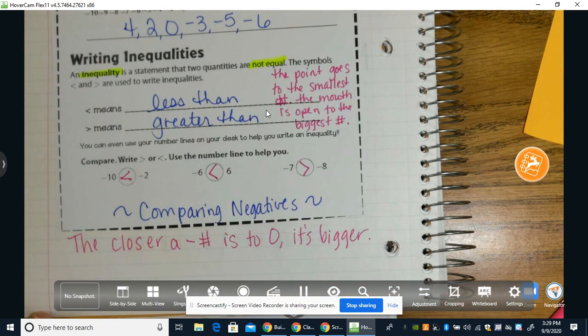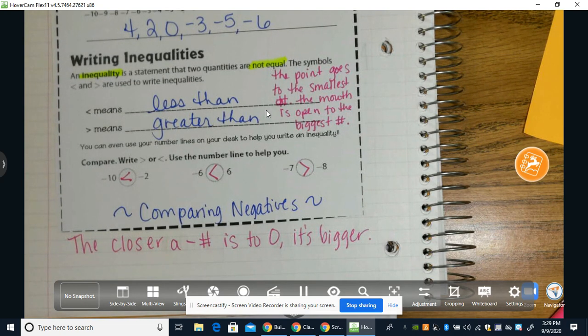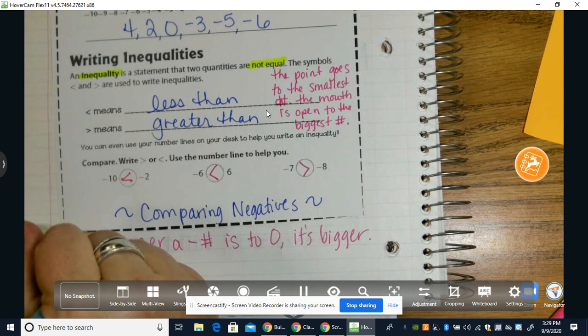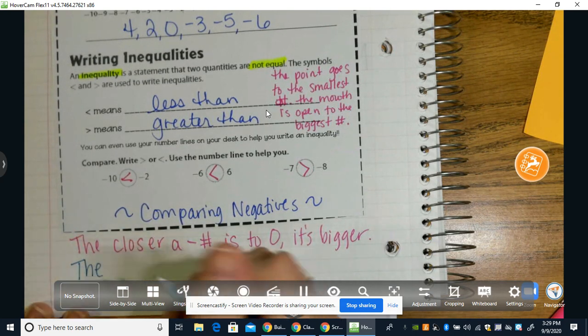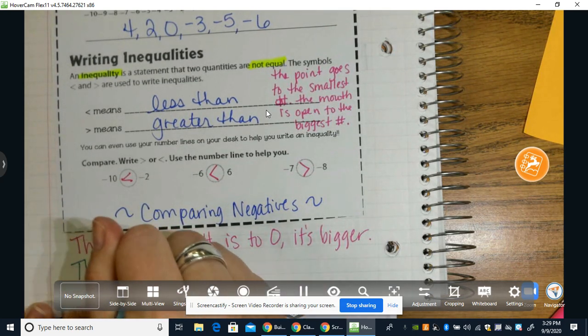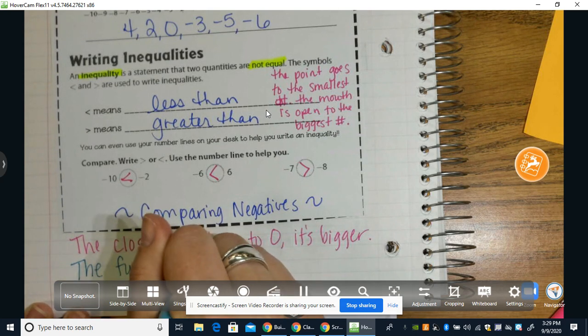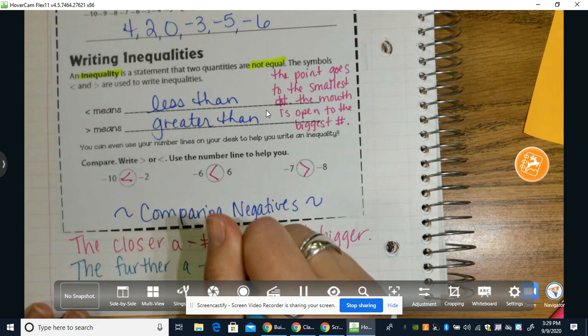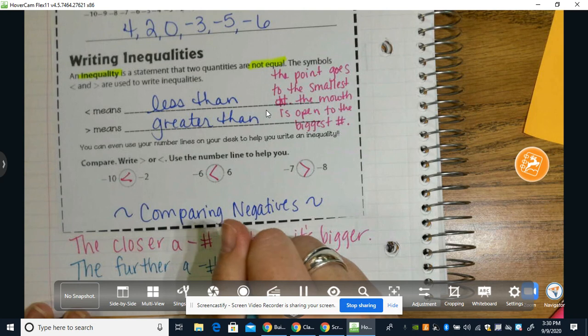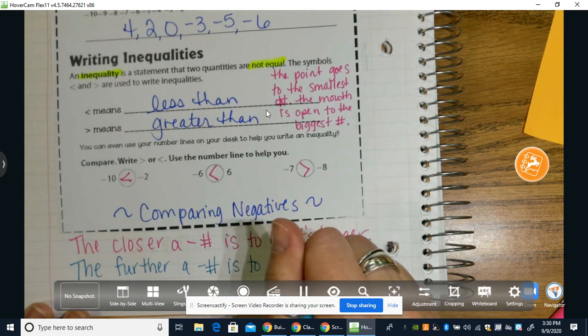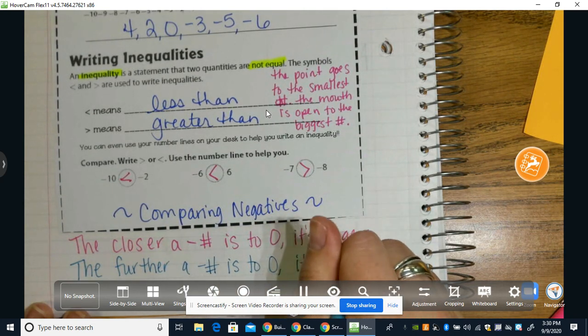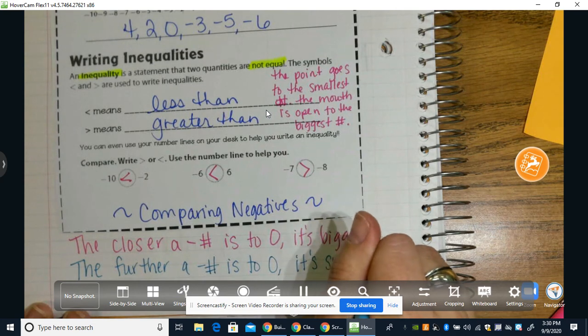And the further, or the farther, however you want to say it, I say further. This is why I teach math and not English, because I can never differentiate between the two. The further a negative number is to 0, it's smaller. Okay?